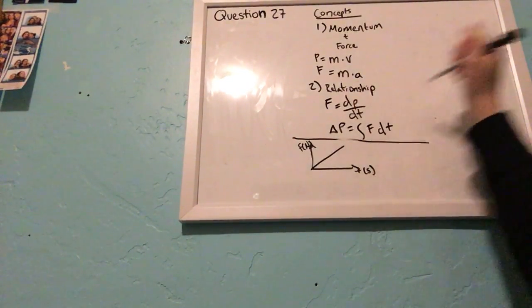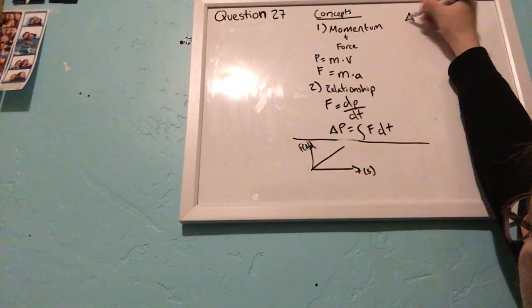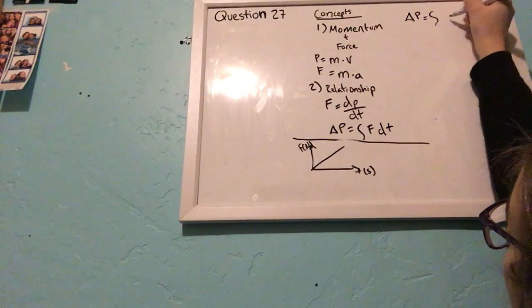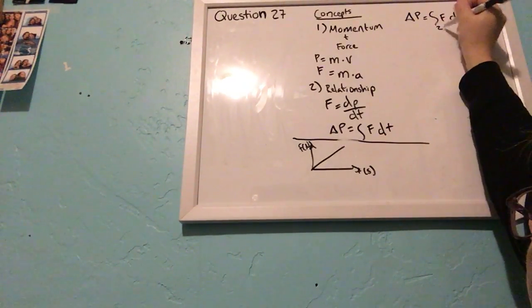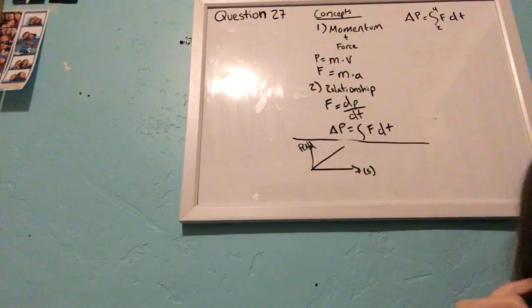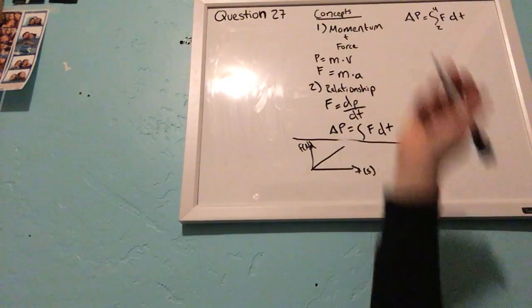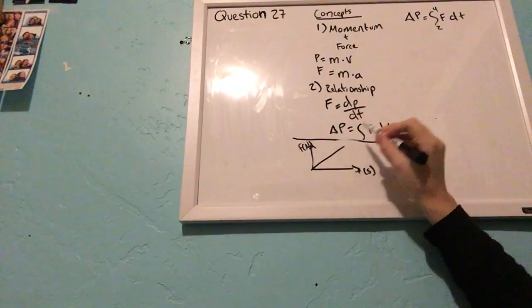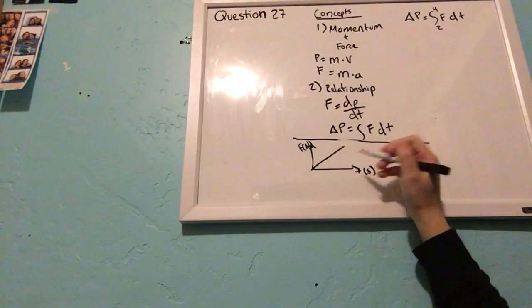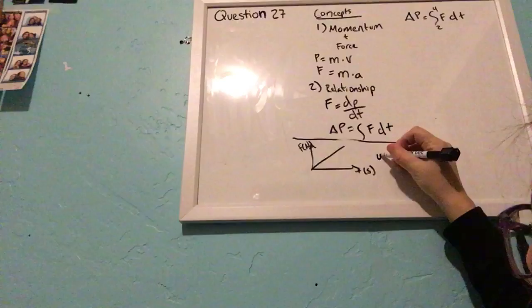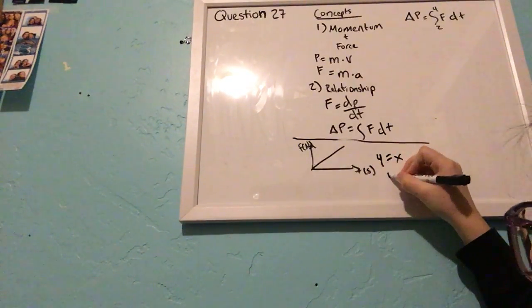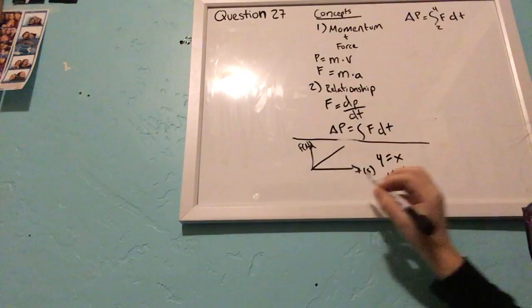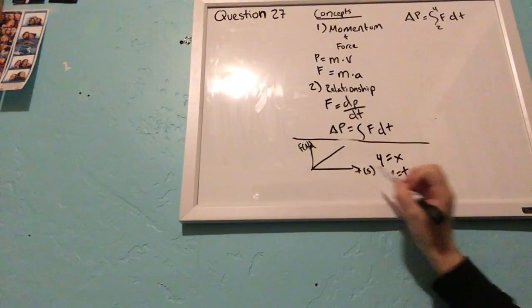I'll rewrite what I put here. Change in momentum is equal to the integral of force with respect to time from 2 to 4 seconds, because that's what it's asking for. This graph here, you can't see all the points, but it has a slope of y equals x, or in this case y equals t, because the x is t here.